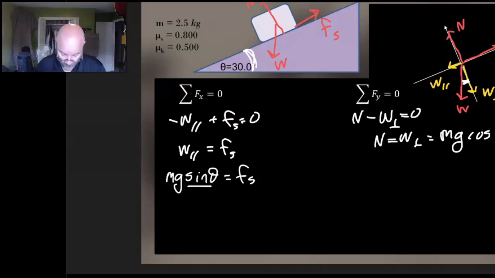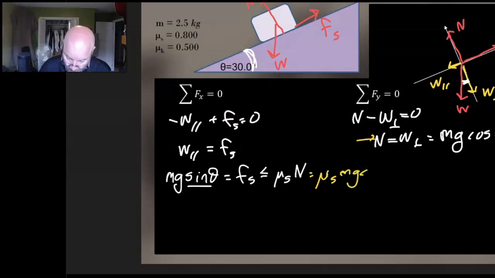There's a maximum for it, so we put less than or equal to mu s times the normal force. Just like that. But we found that the normal force here is equal to mg cosine theta. So I get a new equation here.